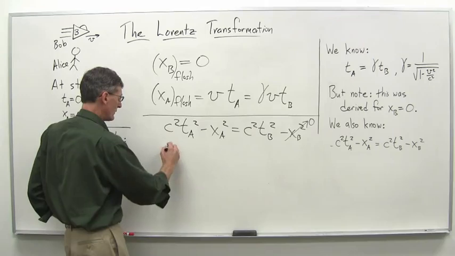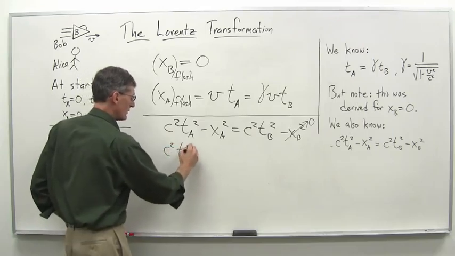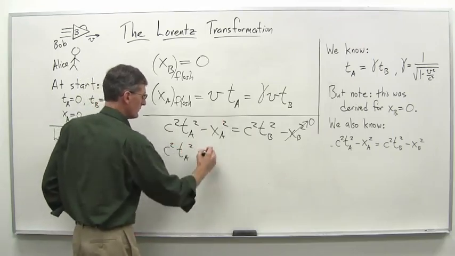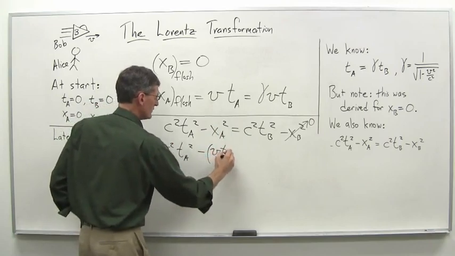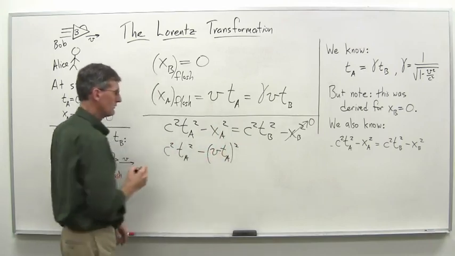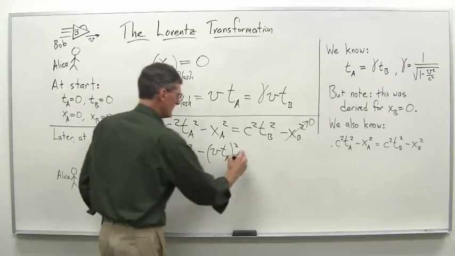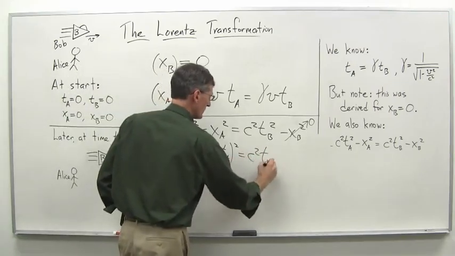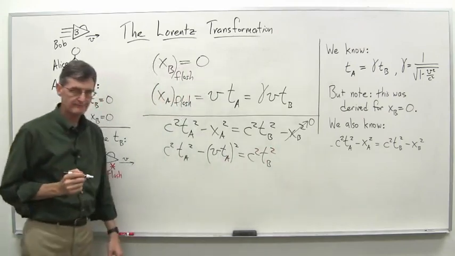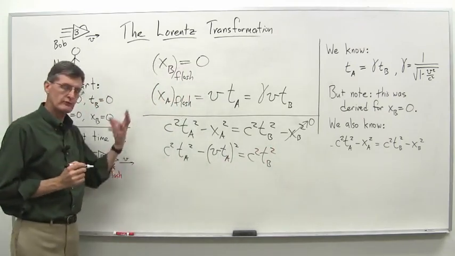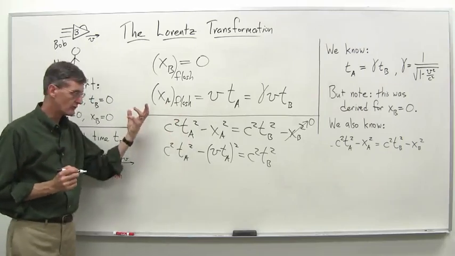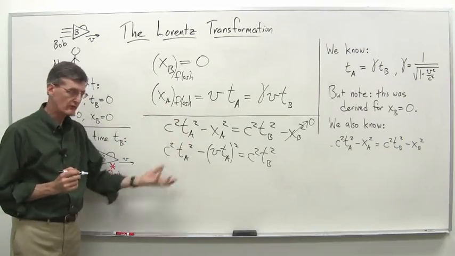So we're going to get c squared t_a squared minus (v t_a) squared, just plugging that in, equals c squared t_b squared. The advantage of these formulas is that once you set it up correctly, you just crank through it.